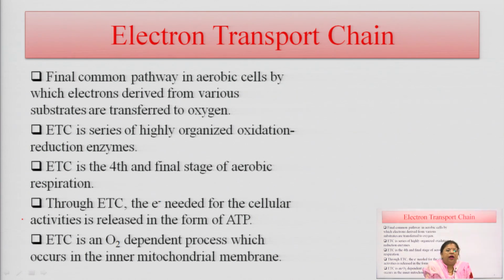So, the electron transport chain is the most common pathway in aerobic cells, where electrons derived from various substances are transferred to oxygen. This electron transport chain is a series of highly organized oxidation reduction enzymes, and it is the fourth and final stage of aerobic respiration.